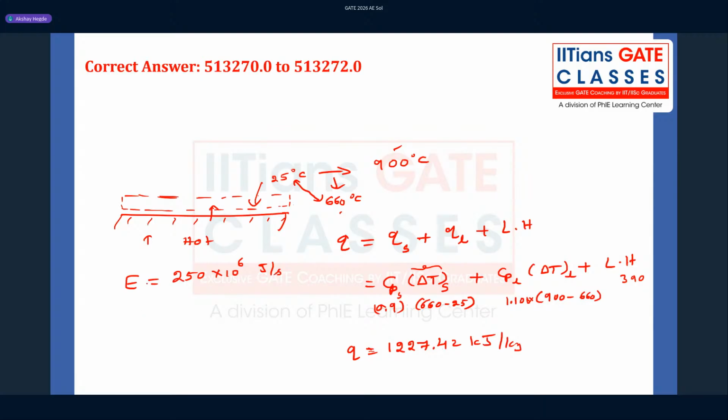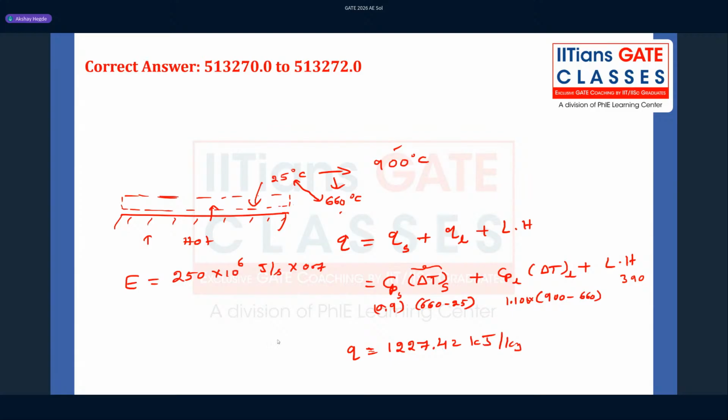And it is only 70% efficient, so that means multiplied with the efficiency, 0.7. This is the energy that is being supplied to do this much heat transfer.